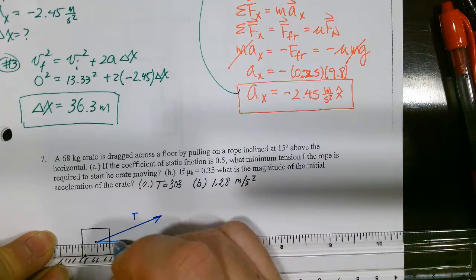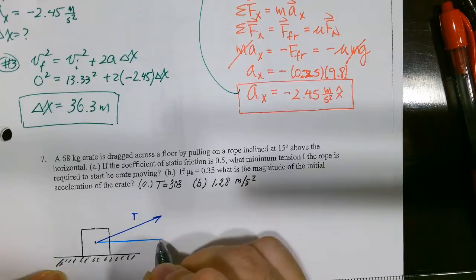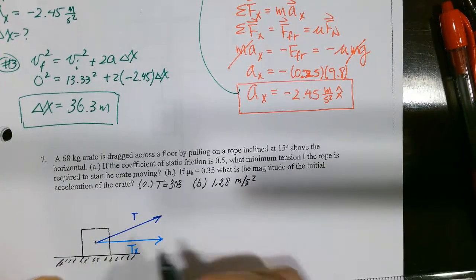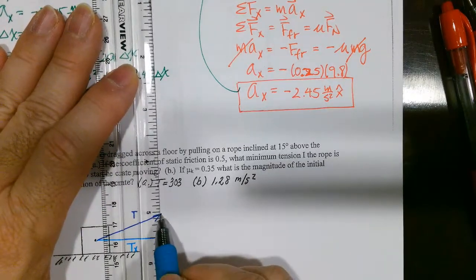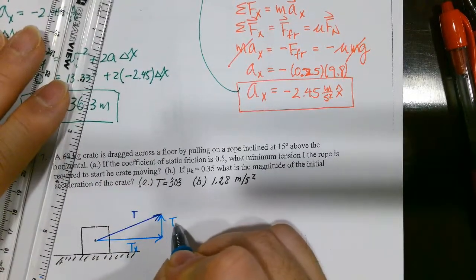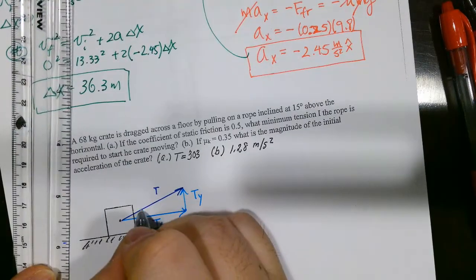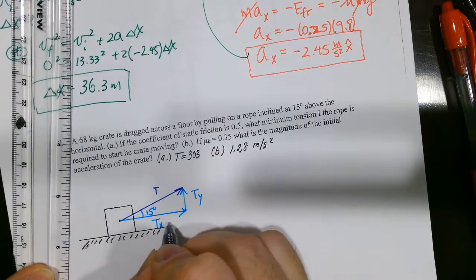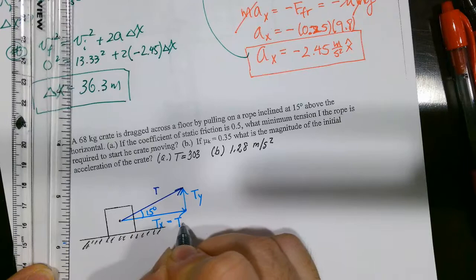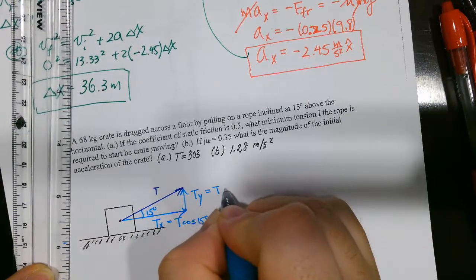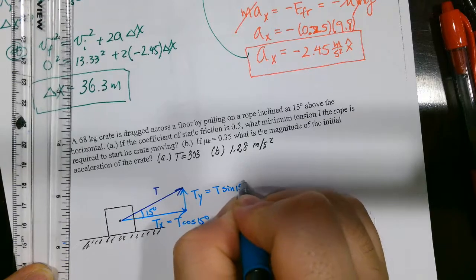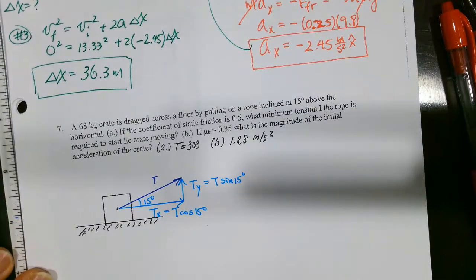So here's my Tx and here's my Ty. This angle here is 15 degrees. My Tx is just T cosine 15. Ty is T sine 15 degrees.